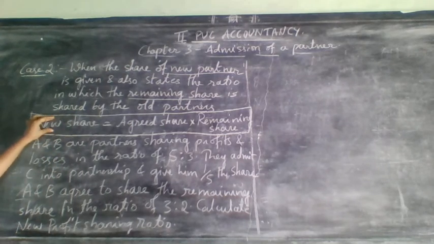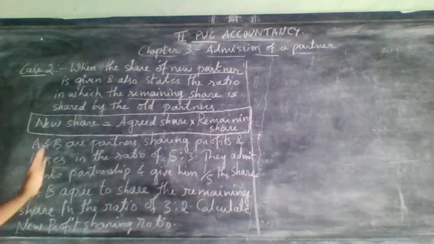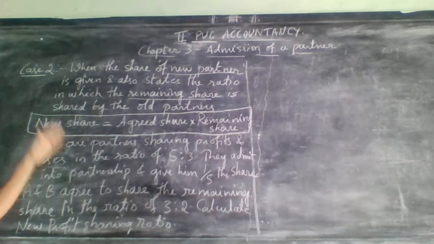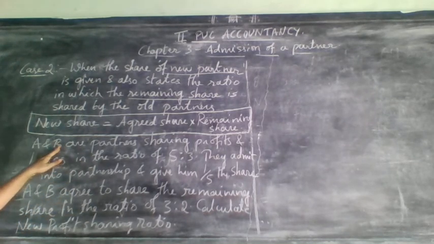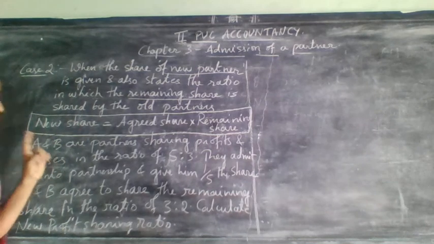Just calculate the new profit sharing ratio and stop there. No need to calculate the sacrifice ratio. The next step will be the sacrifice ratio if they ask in the problem. There it is case 5 and here it is case 2. This is almost the same, but there one step will be more in the sacrifice ratio, while here in the new profit sharing ratio it is only one step.